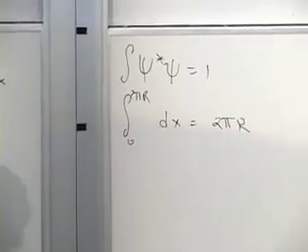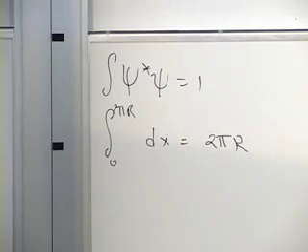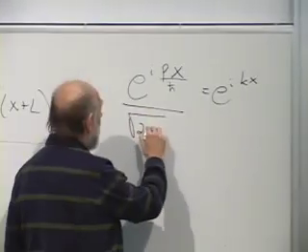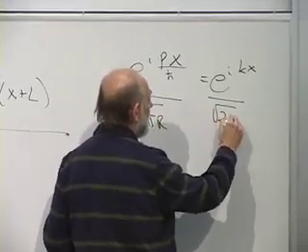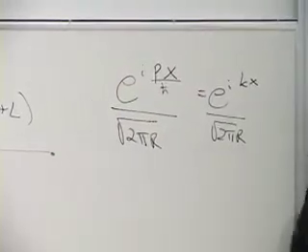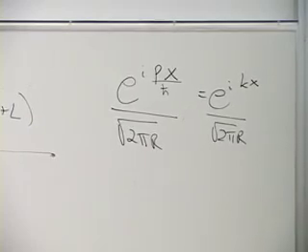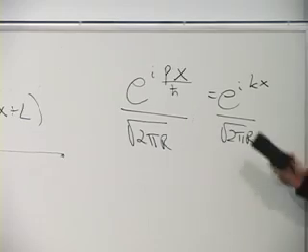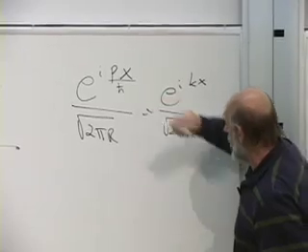So what I would do to fix it is divide the wave function here by the square root of 2 pi r. Then, when I did the integral of psi star psi, for each of these momentum eigenfunctions, they would be normalized so that the total probability would be equal to 1.